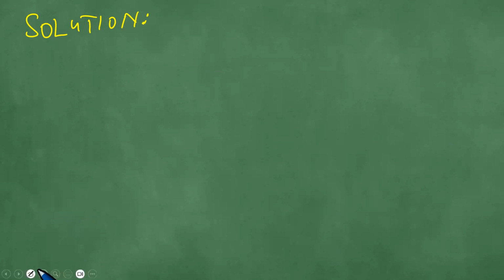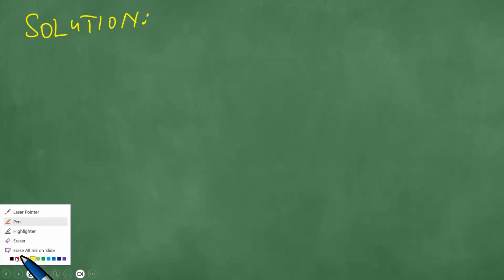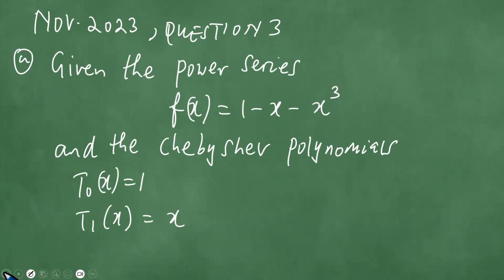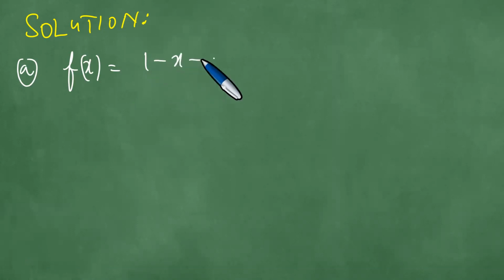So we note that f of x is the same as this one, 1 minus x cubed. And now we look at the highest power of this, and we get a new function we call f star.